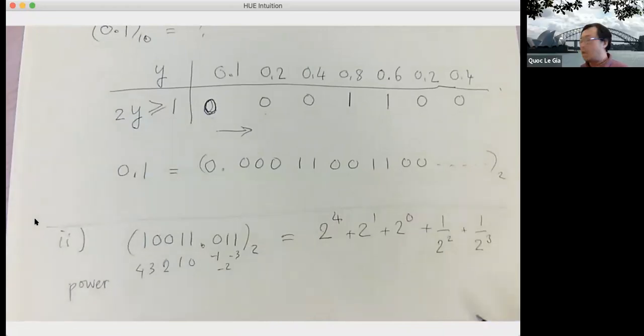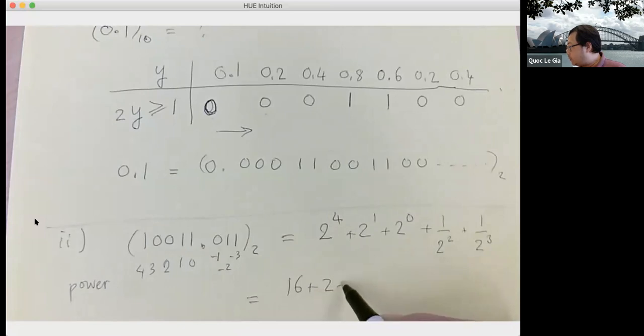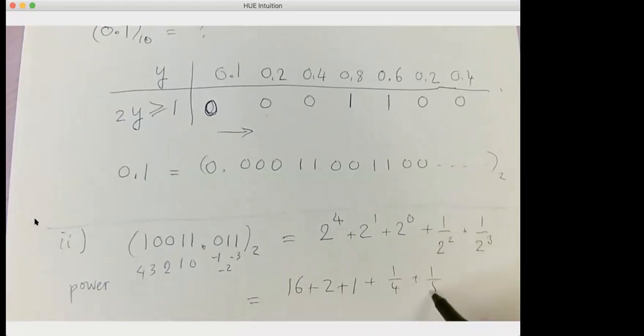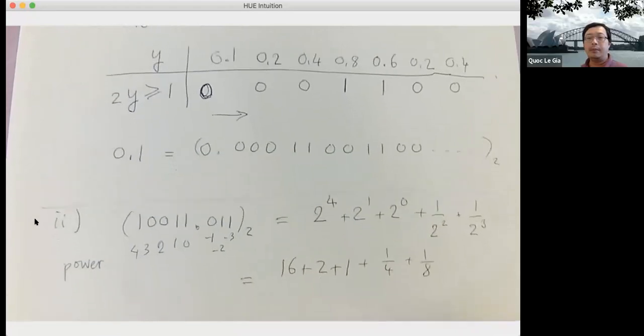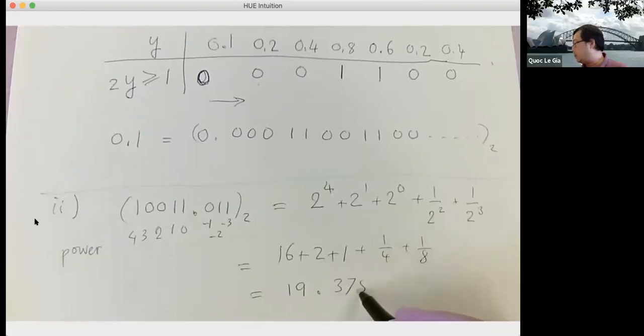Now you sum it up. So this one is 16 plus 2 plus 1 plus a quarter and 1/8, and this is equal to 19.375. So you can check.